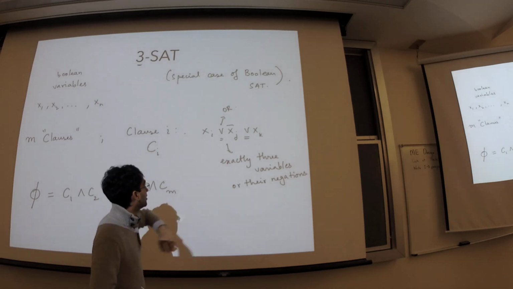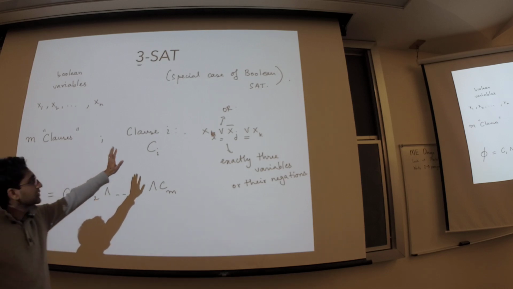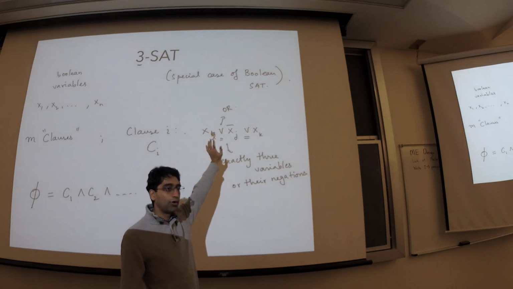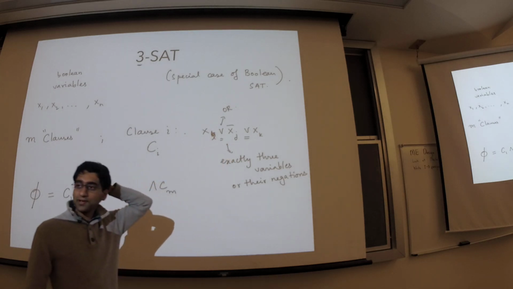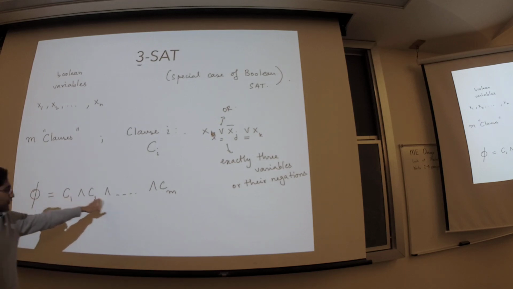This is not the same i. All I'm saying is that each clause is the OR of 3 of these variables or their negation. And the overall formula phi is just an AND of these.